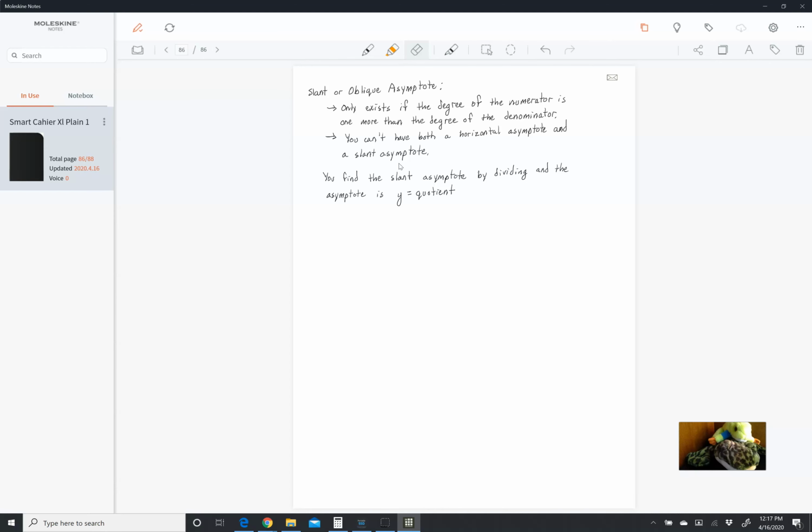So let's explain why this is true. The dividend over the divisor is equal to the quotient plus the remainder over the divisor.